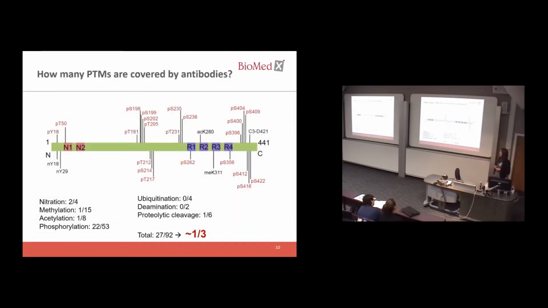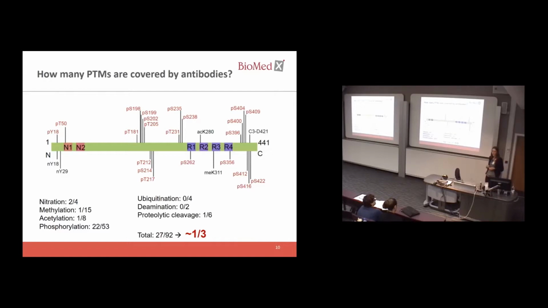As I mentioned, there are mainly two ways to analyze these things: antibody-based methods and non-antibody-based methods. Because this is an antibody meeting, I'm going to focus on our work with antibodies. We found that about one third of all the modifications were covered by commercially available antibodies.